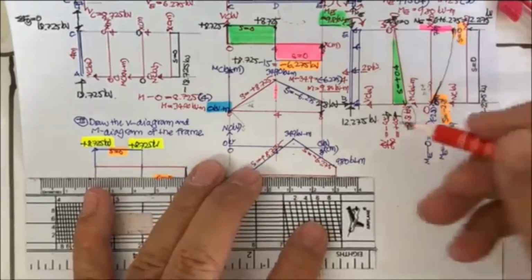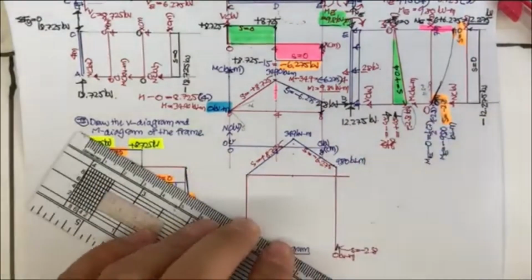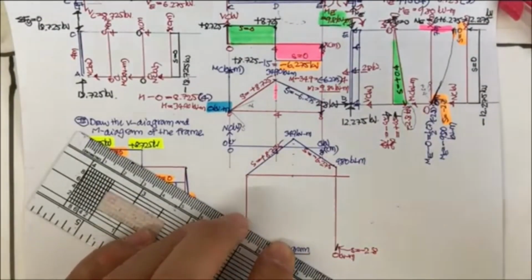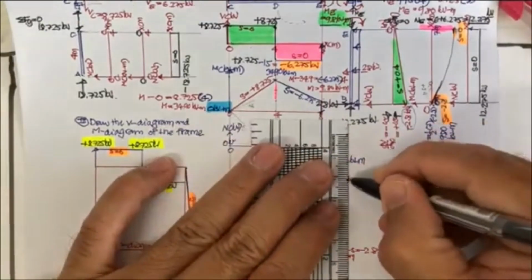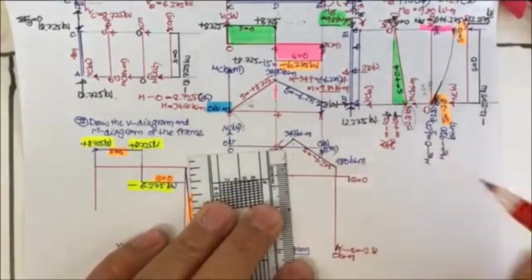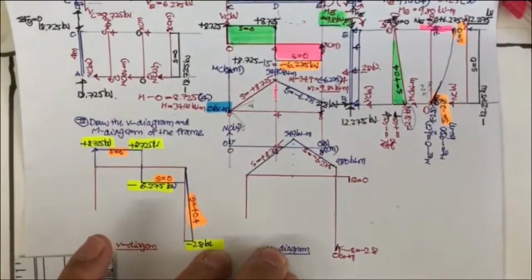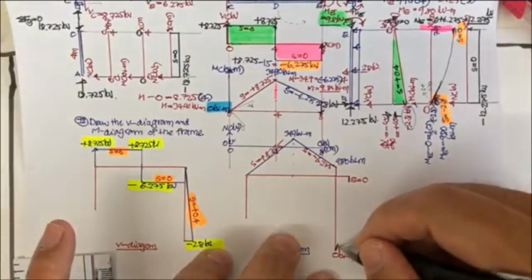You put this one as 9.8, the same as this 9.8. And the slope here is 0. So you put the slope here, and here is 0. I put the same red letters for the slope, and then you just draw this.